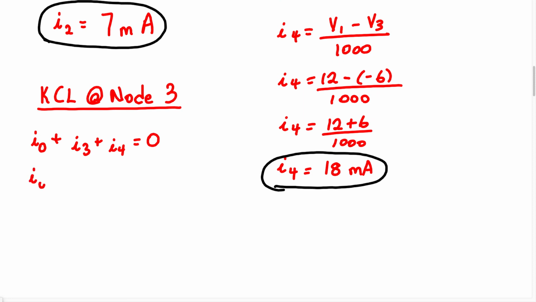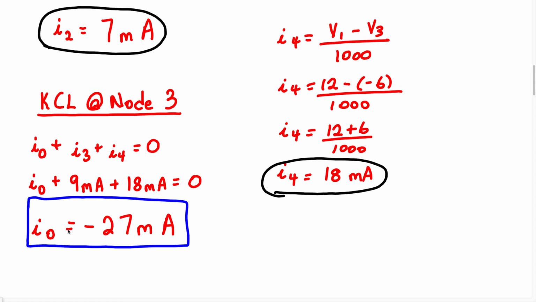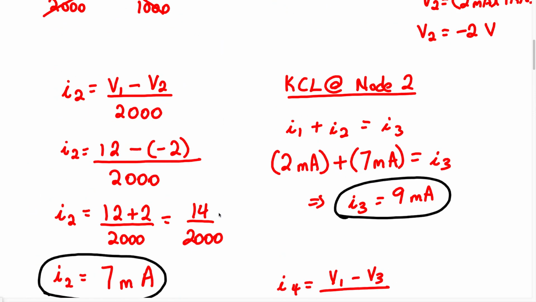So we have I0 plus 9 milliamps plus the current I4 we just found, which was 18 milliamps, and all of that equals 0. Therefore, I0 equals negative 27 milliamps. So this is going to be our answer for this particular problem: the current I0 equals negative 27 milliamps.